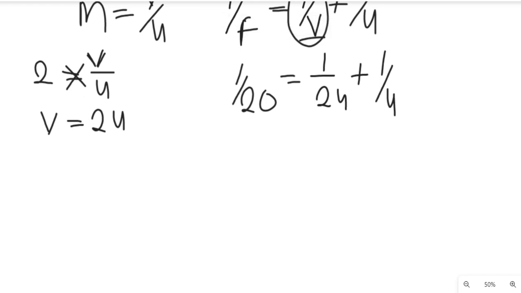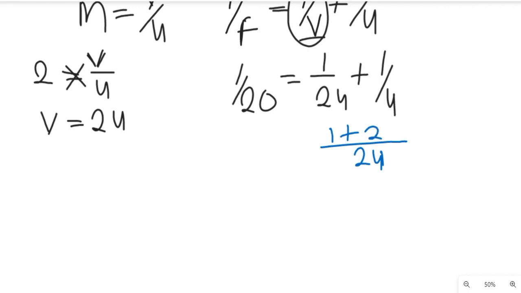To simplify, all we need to do is to find the LCM. The LCM of that side will be 2u. 2u divided by 2u will give us 1, plus 2u divided by u will give us 2.